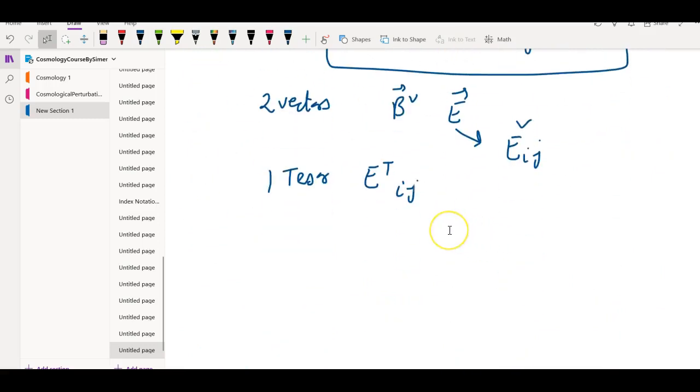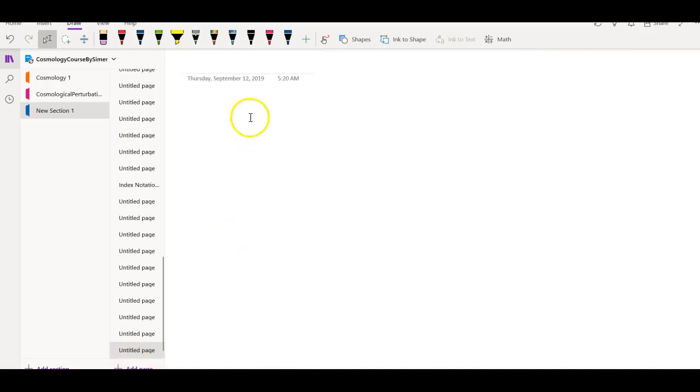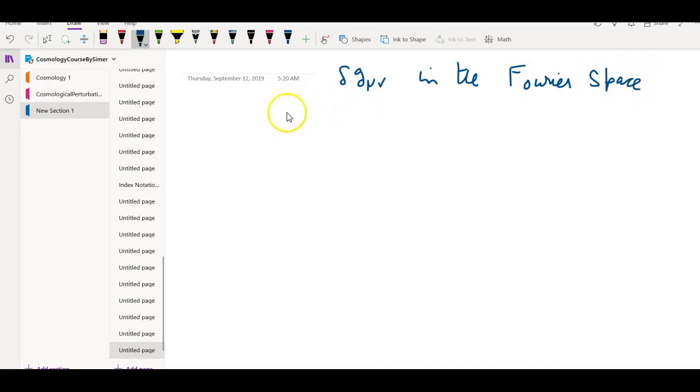So now let us write the perturbed metric delta G mu nu in the Fourier space, which is basically a squared h mu nu.